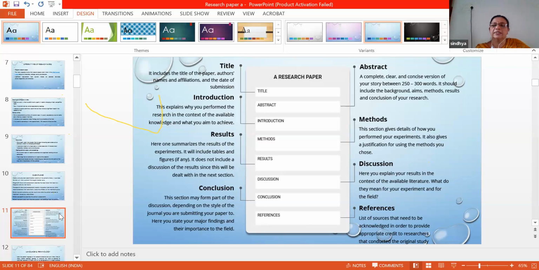And after the results, there must be a discussion. Here, you have to explain your results in the context of available literature. So what the previous studies are saying, what the result of your current research is, and how it matches or disagrees with the previous researchers. So you can make a comparison also.